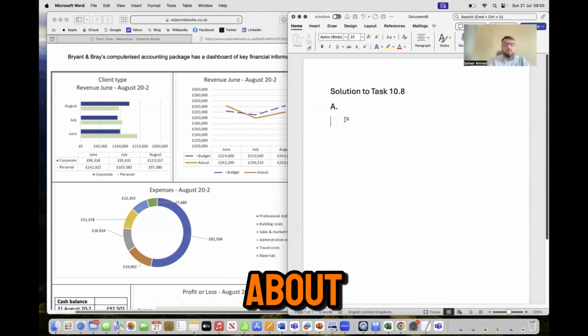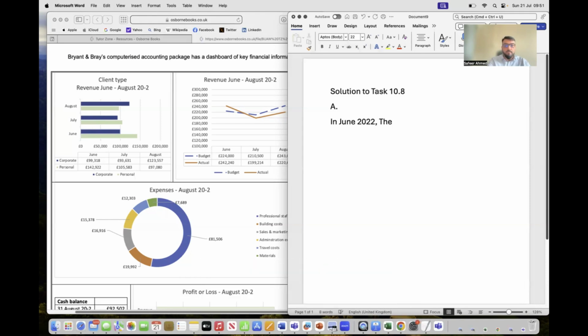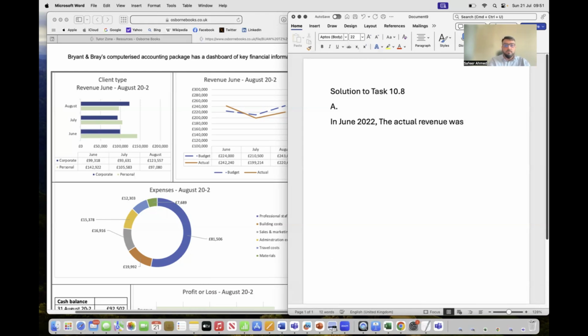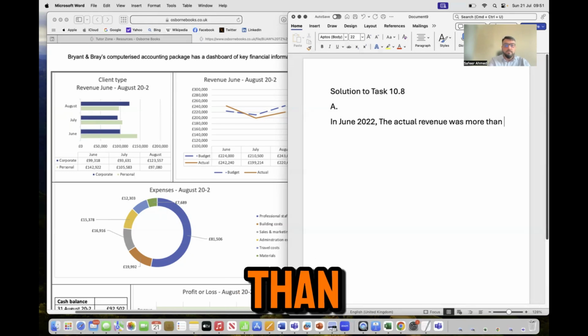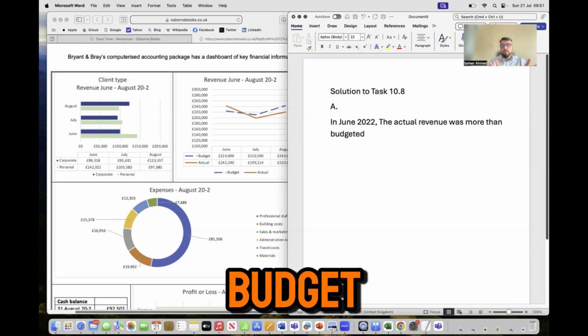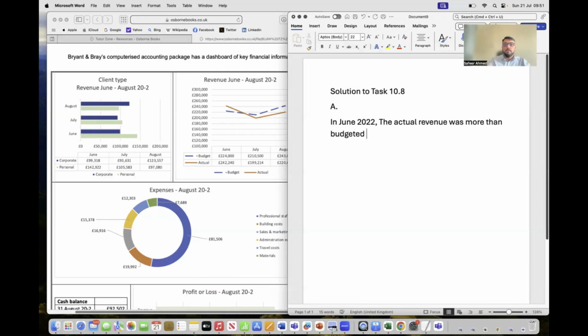So if you think about the month of June, you can write: in June 2022, the actual revenue was more than budgeted. Or you can fairly say over budget, or in excess of budget, whatever words you choose there.